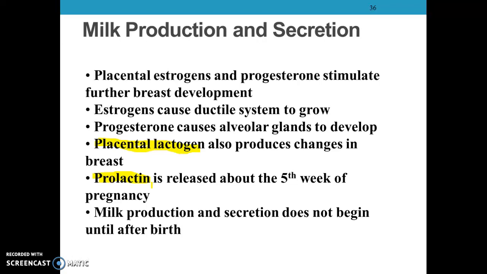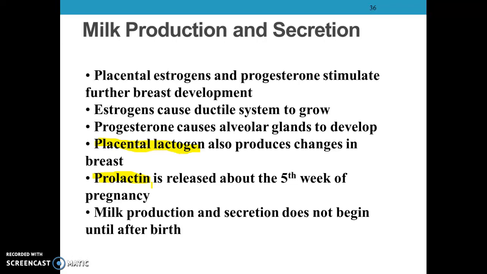So you could just write down, again, pretty good note card material. You can put hormones of milk production and then write down estrogen causes ductile system to grow. Progesterone causes glands, alveolar glands, to develop. Placental lactogen produces changes. Prolactin, even though it doesn't say this, is the milk-producing hormone.